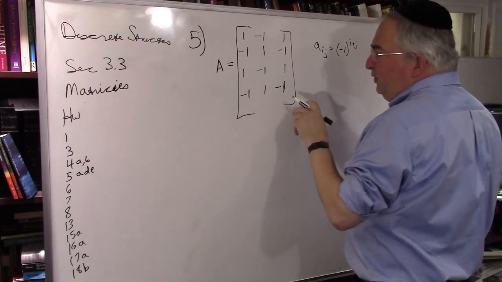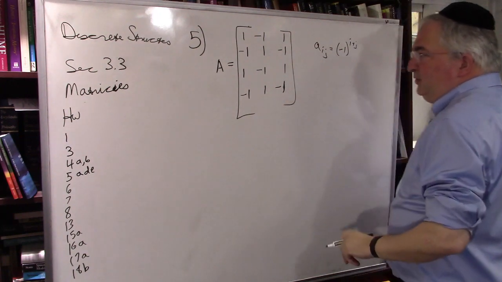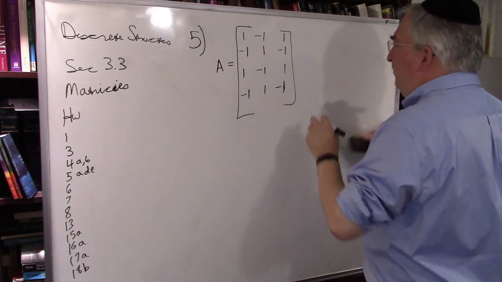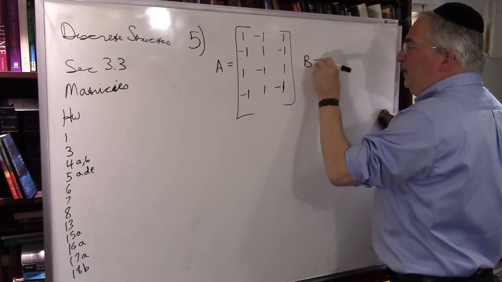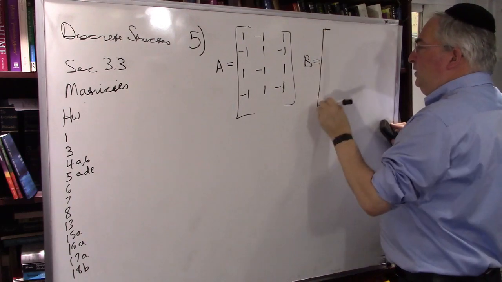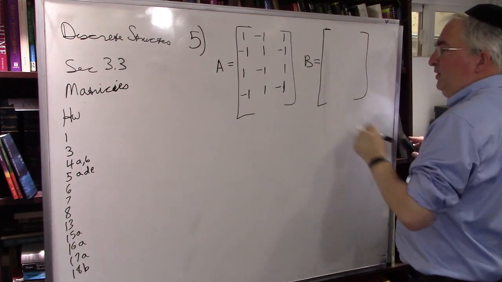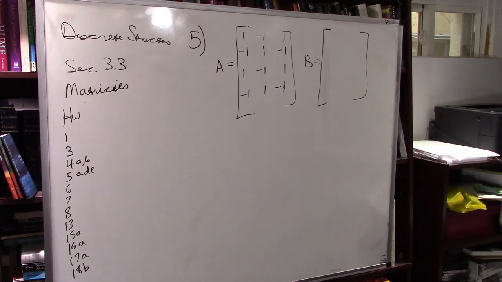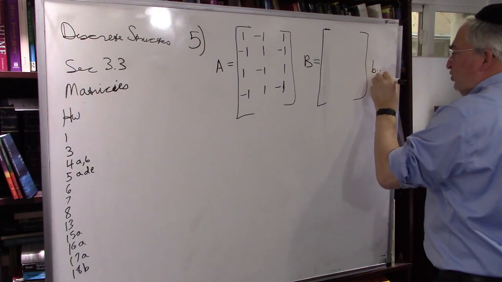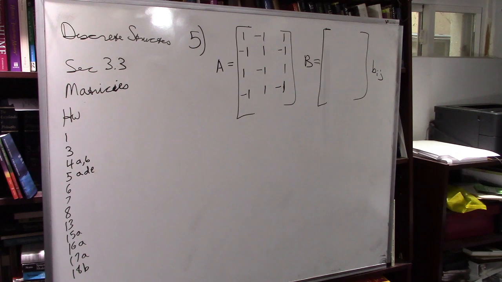The 7th power is odd, so it's going to be a minus 1. Okay, great. Next, we also have B, and B is also a 4 by 3 matrix, and it's defined as Bij equals i plus j.